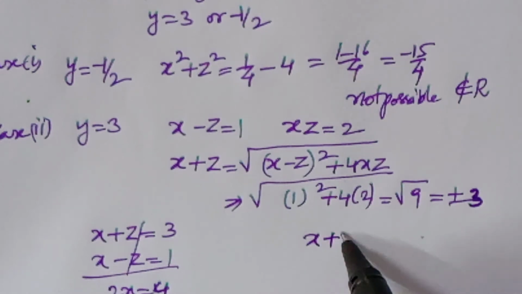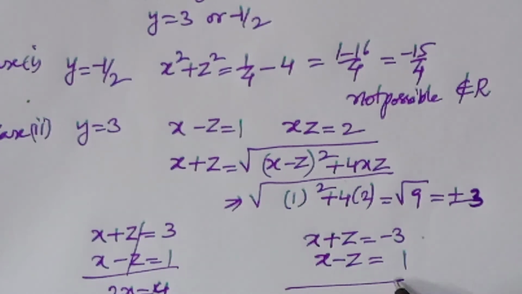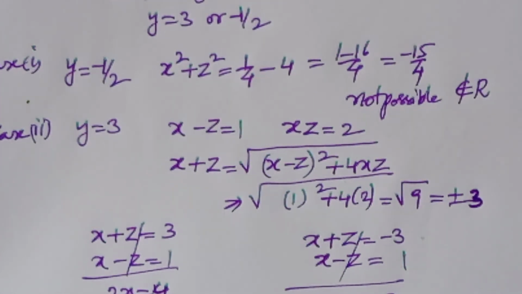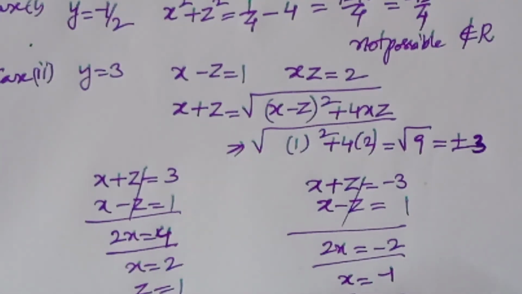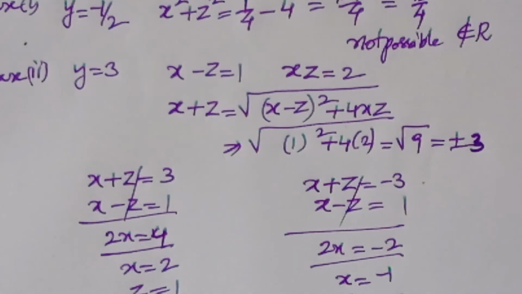If you take x plus z is equal to minus 3, x minus z is equal to 1, 2x is equal to minus 2, x equal to minus 1, z is equal to minus 2. So therefore what is the solution here? 2, 3, 1. The other set is minus 1, 3, minus 2.